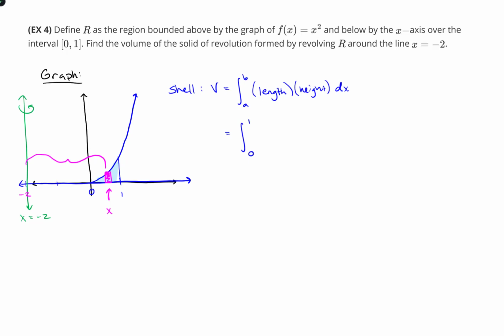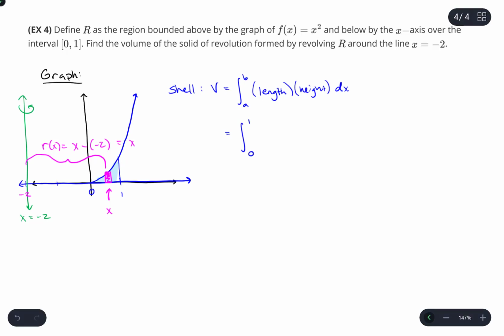So this is like a radius function here, because as I rotate this rectangle around this axis, it's forming a circle, and each circle has a radius. So the radius of this circle is x minus -2, which is of course x plus 2. So this is the distance of this rectangle from the axis of rotation at any point in time.